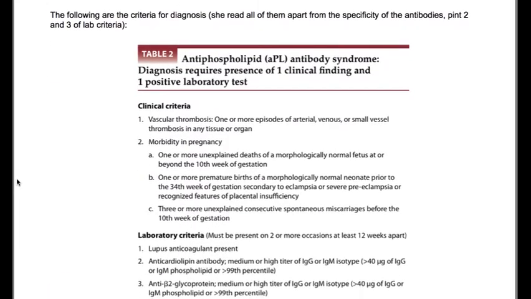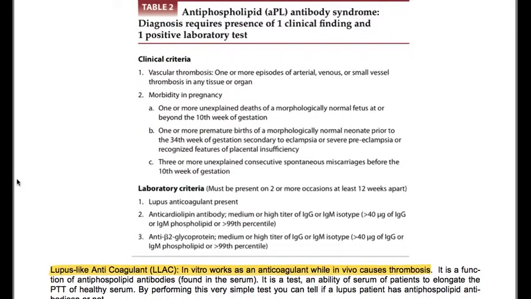The following are the criteria for diagnosis. So clinical criteria are vascular thrombosis, so one or more episodes of arterial, venous, or small vessel thrombosis in any tissue or organ.